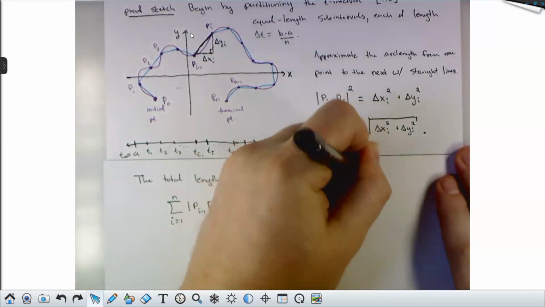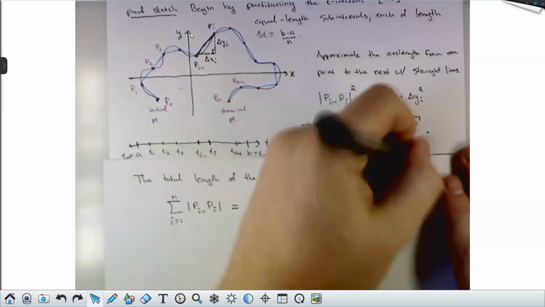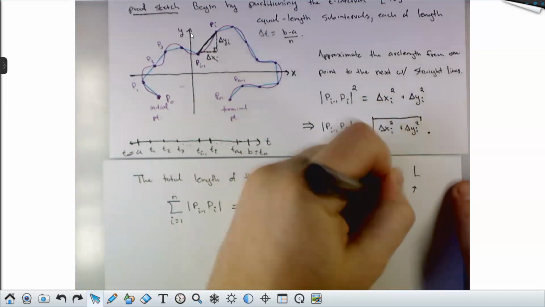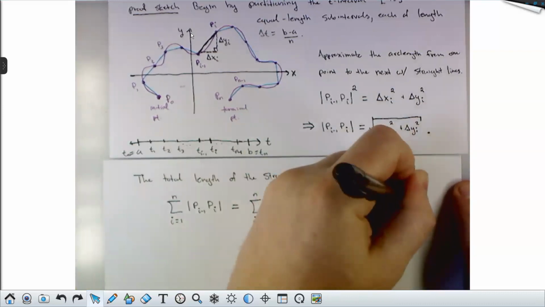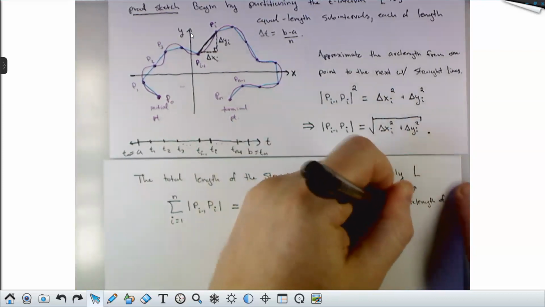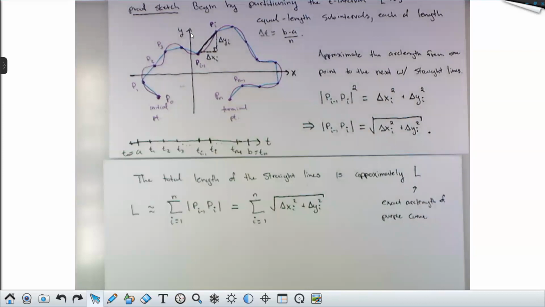And this is approximately L. Well, L, remember, is the exact arc length of the purple curve. So I'll write L is approximately equal to this. And like I said, that approximation gets better and better the bigger and bigger n is.